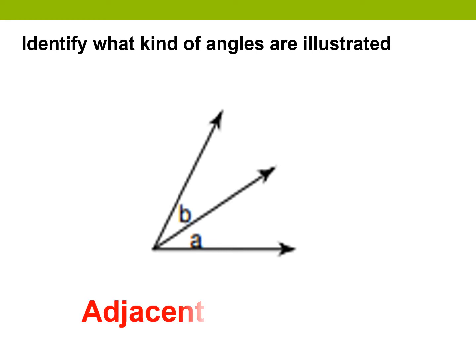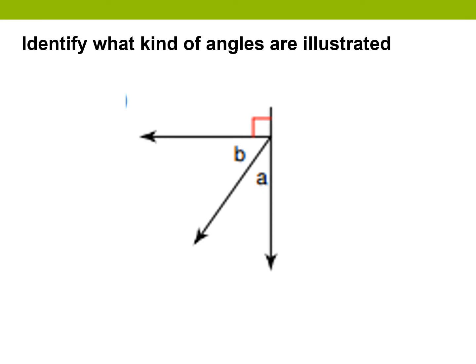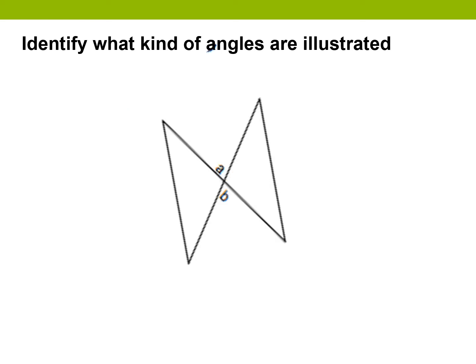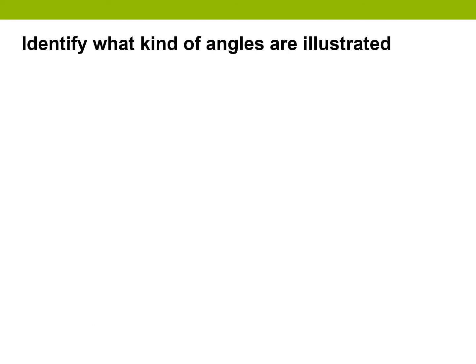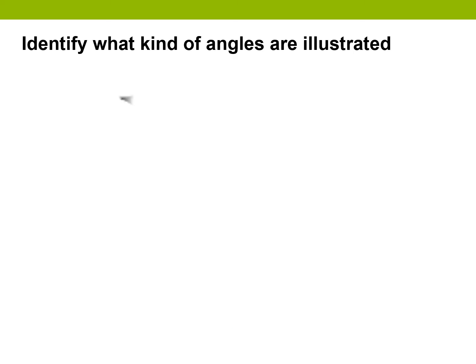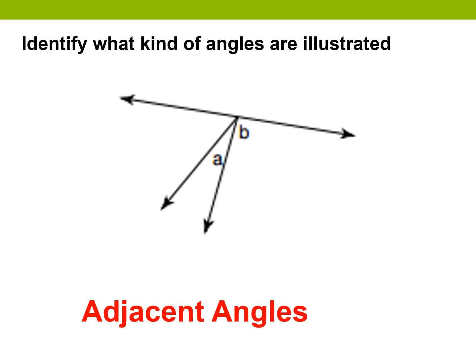The next one is adjacent angles. Next, they form complementary angles because they form a right angle. And for this one, we have the vertical angles. This one, we have the linear pair because it forms a line. And this one, angle A and angle B, we have adjacent angles.